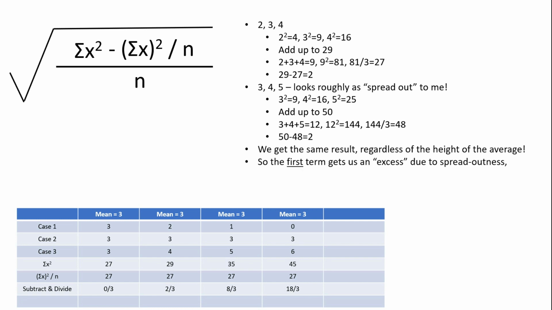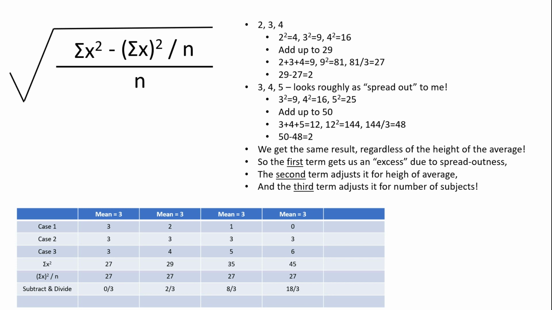So the first term gets us to an excess due to how spread out the group is. The second term adjusts it for how high or low the average is. So we're just left with a number that represents how spread out the group is, regardless of whether the average is 3 or the average is 50.